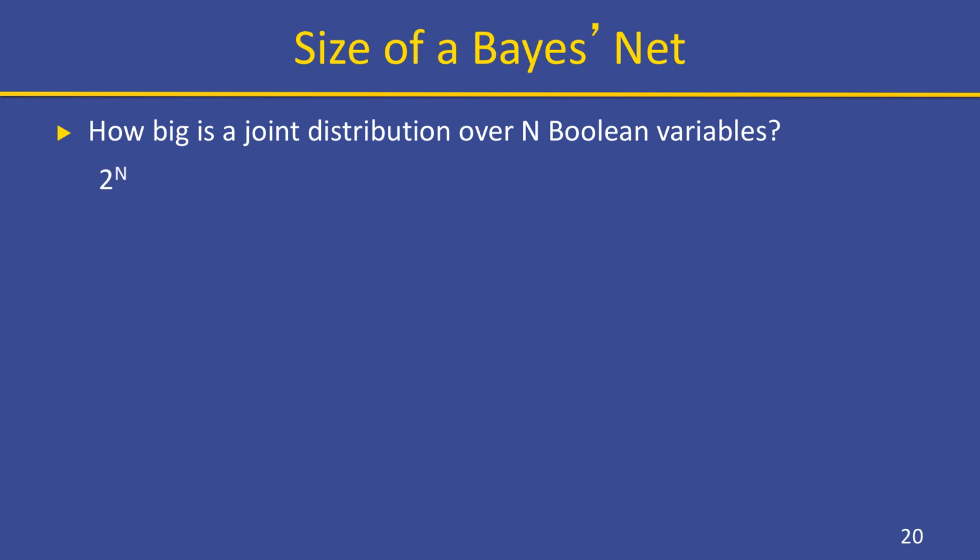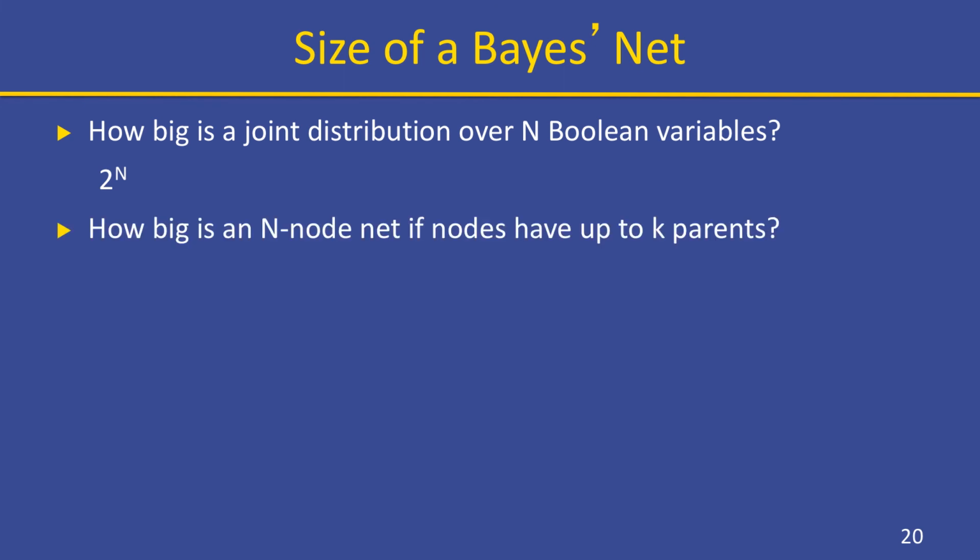Now let's build a BayesNet with these n variables. We'll assume that each node has up to k parents. The size of the probability table associated with each node is big O of 2 to the power k plus 1. Since we have n nodes, the size of all the probability tables stored with the BayesNet is big O of n times 2 to the power k plus 1.